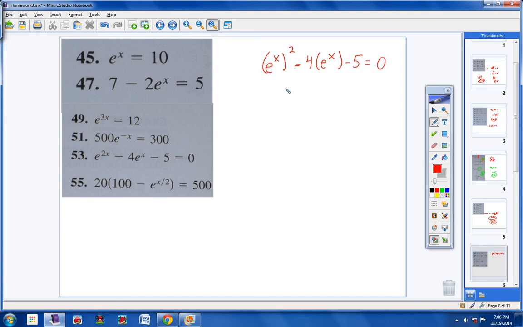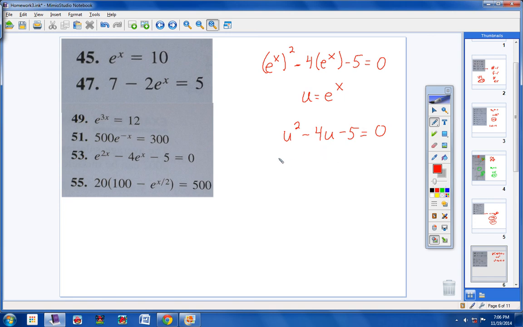Okay, then we're going to say that u equals e to the x. Okay, so we're going to put u squared minus 4u minus 5 equals 0.